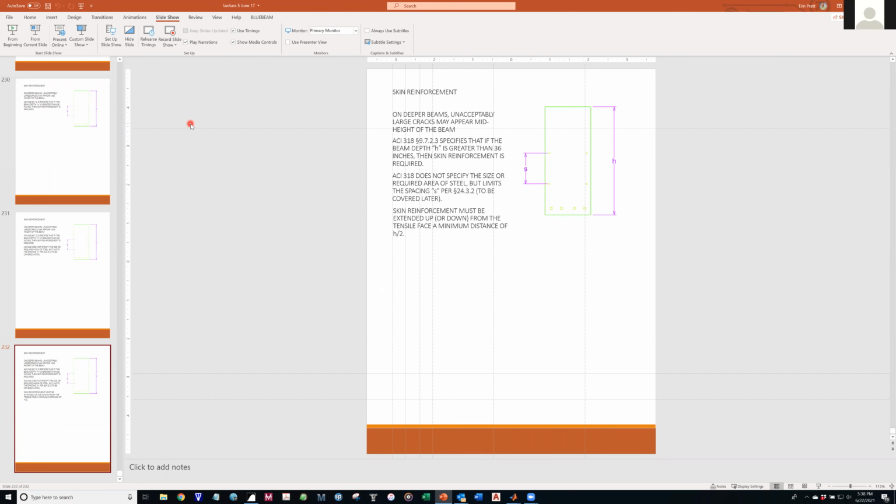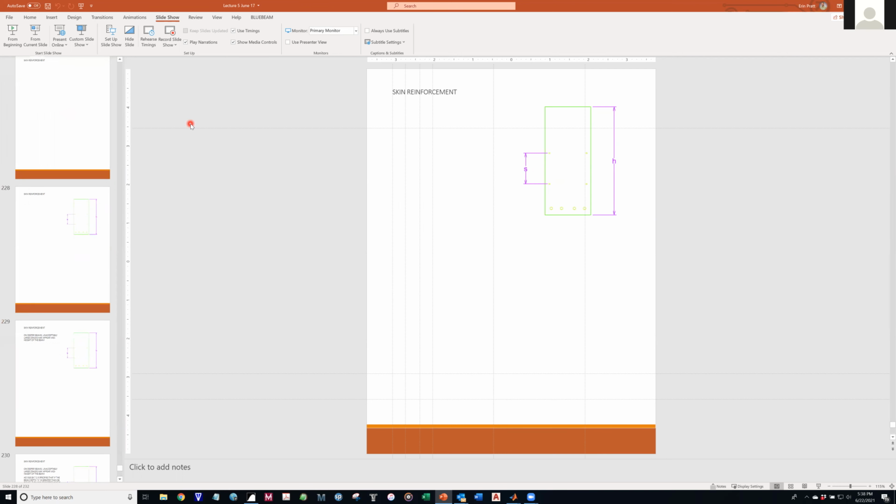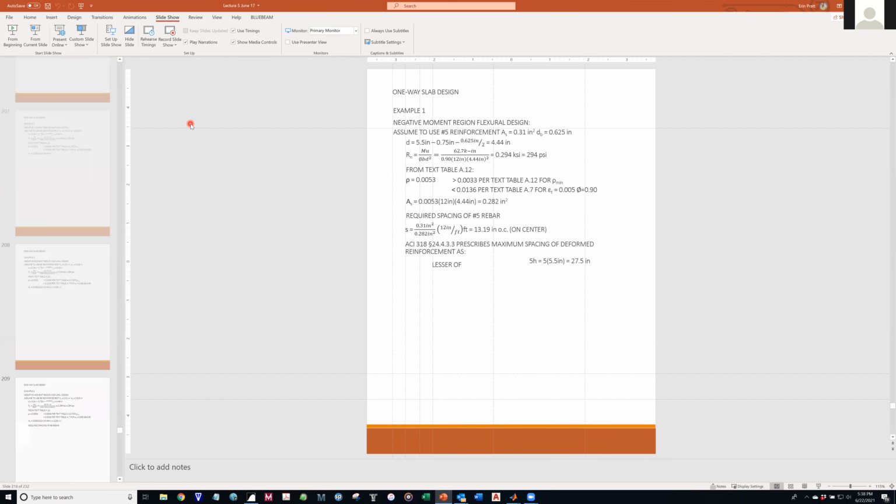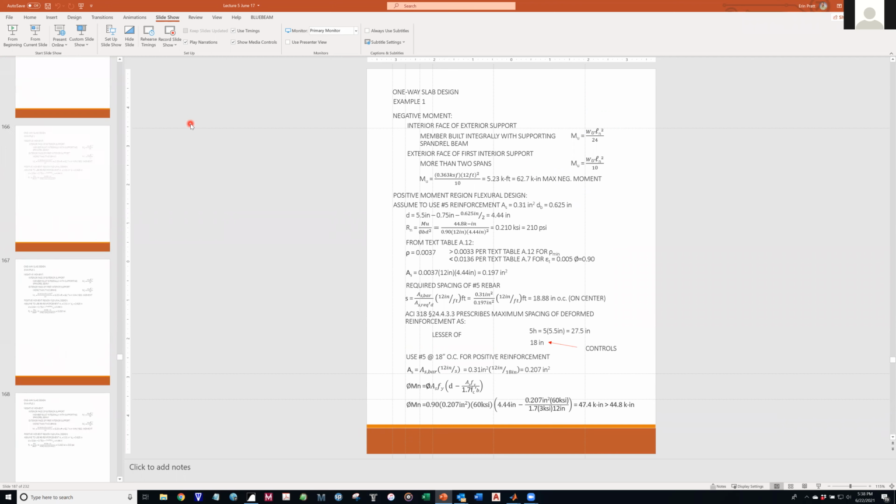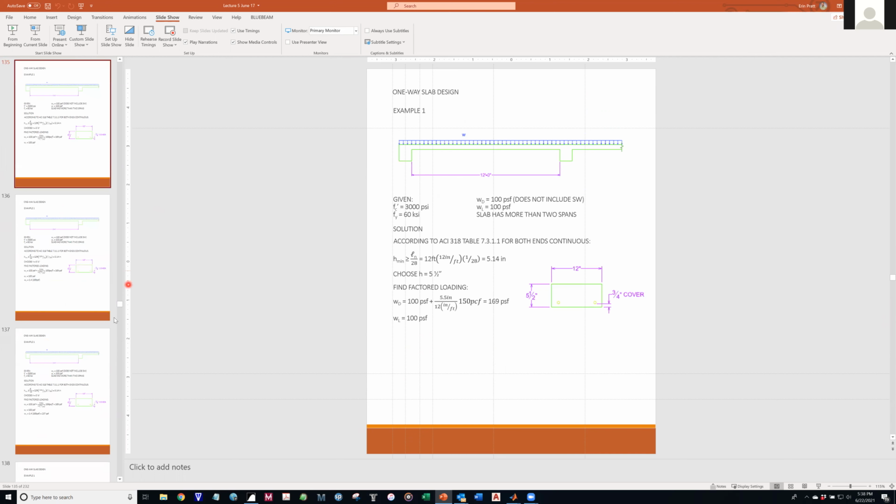Professor, I feel like the most confusing part of this whole lecture is when you find the maximum moment, which exact equation you need to use. The w ln squared over 8 seems like the most simple to me because it's simply supported, but all the other ones, I don't really understand what they're telling me.